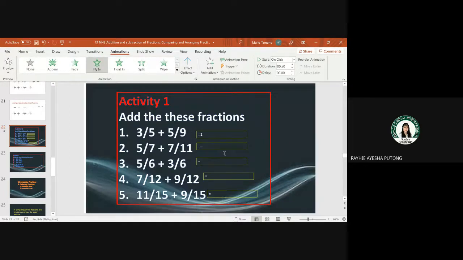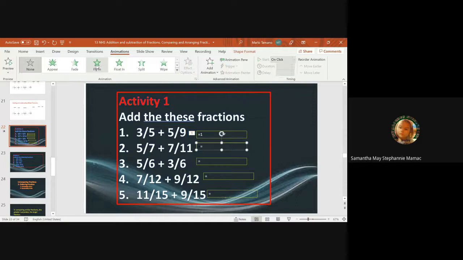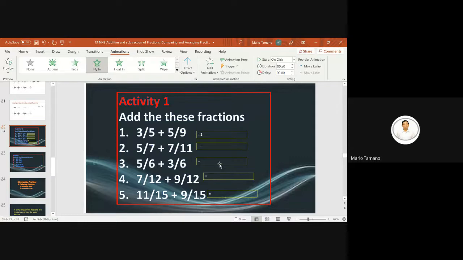Done po, sir. Done na po. How about the rest? Done na po.